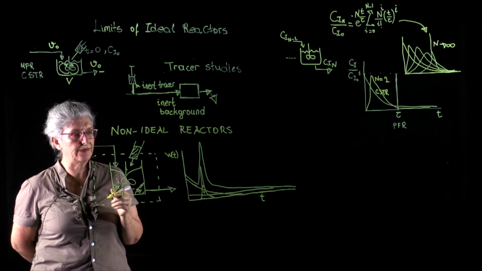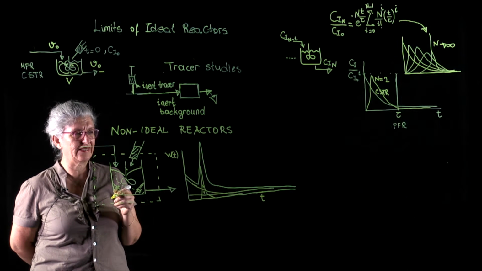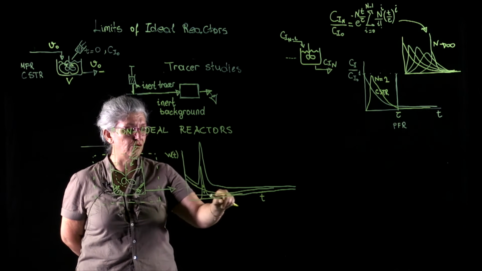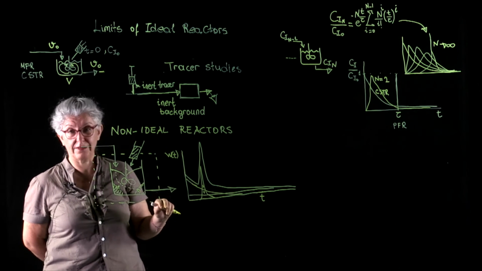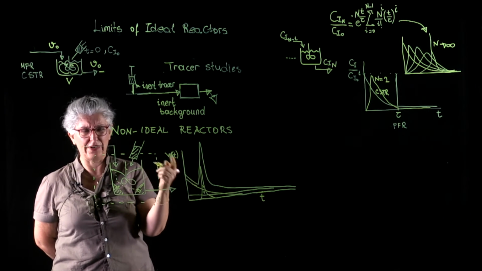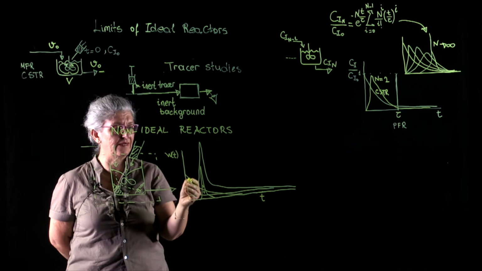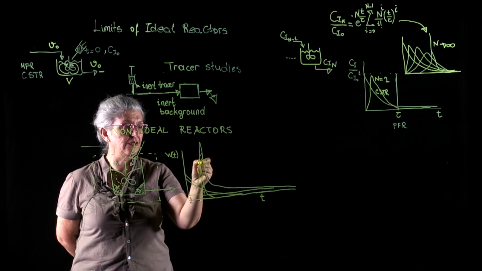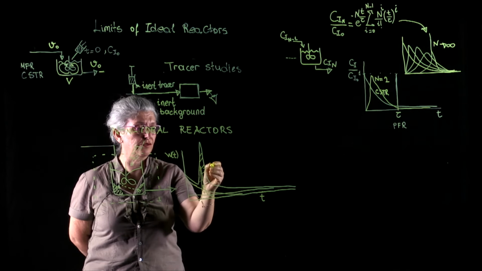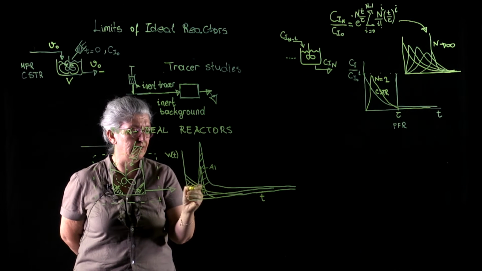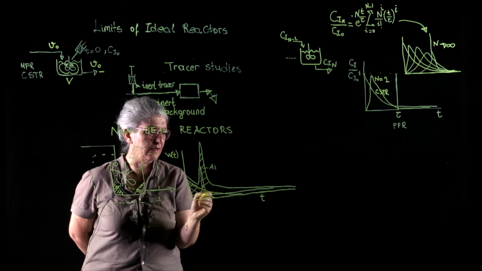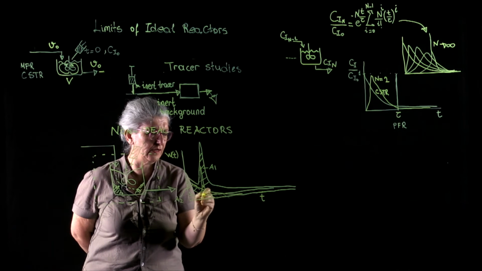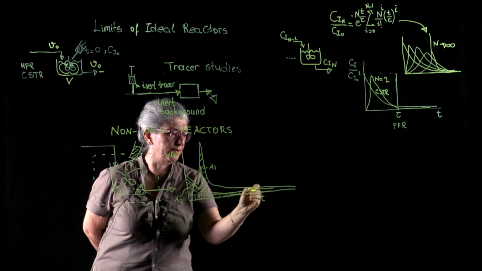So it is the experience of the engineer that is going to dissect the components into a CSTR, a dead zone, and a bypass zone. But one good aspect of the tracer analysis is the area under these curves are going to be proportional to the volumes. Let me call this A1. Let me call this A2. And let me call this A3.